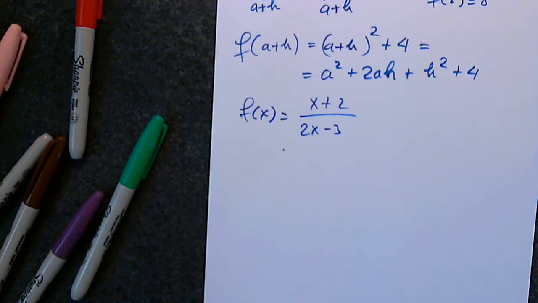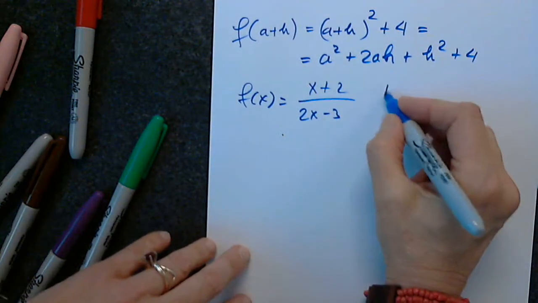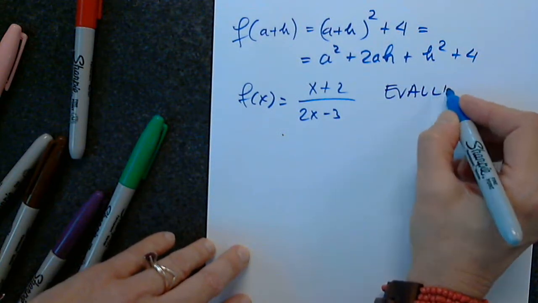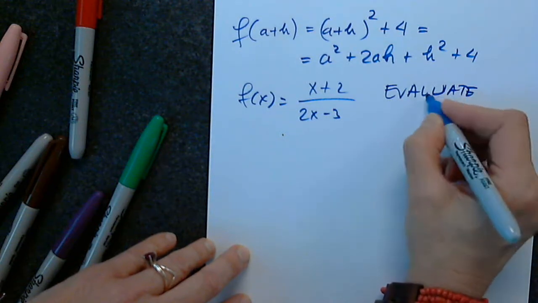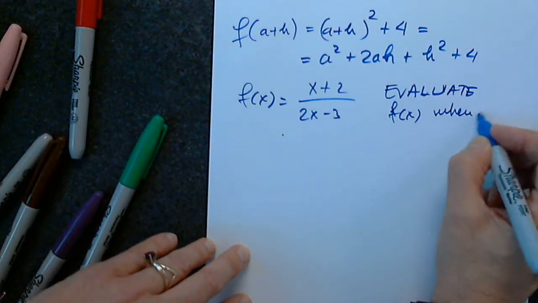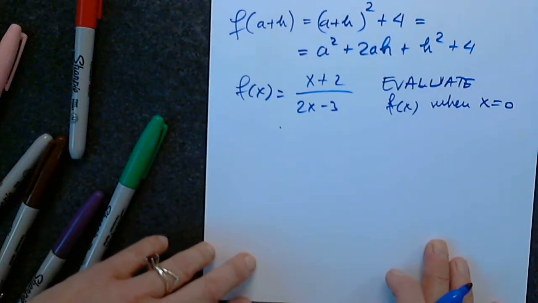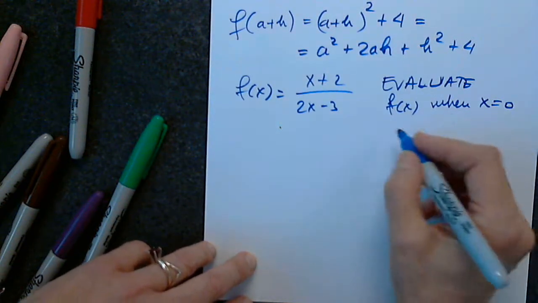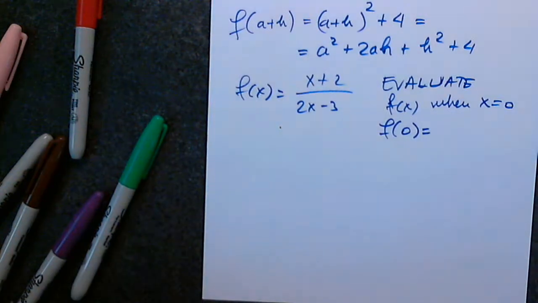So if you ask me to find f of 0, I'm asked to evaluate f of x when x is 0. We don't really like to say that. We normally ask find f of 0. We don't say evaluate the function when x is 0. That's why we're using this notation, to directly go to f of 0.